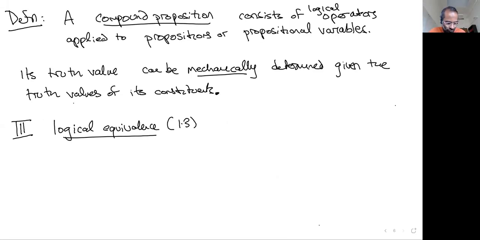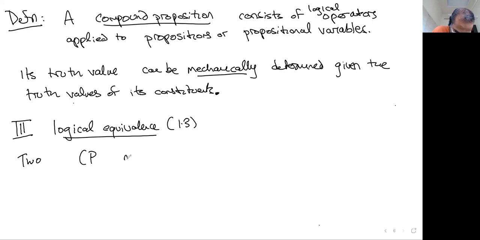So two compound propositions are logically equivalent if they have the same truth table, which is the same thing as saying they have the same truth value regardless of what the constituents are.